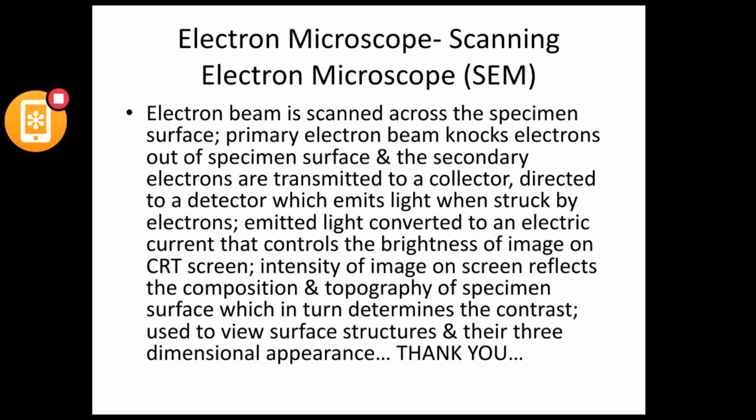Now, the intensity of the image on the screen reflects the composition and topography of the specimen surface, which in turn defines the contrast. Scanning electron microscopy is used to view surface structures and their 3D appearance.